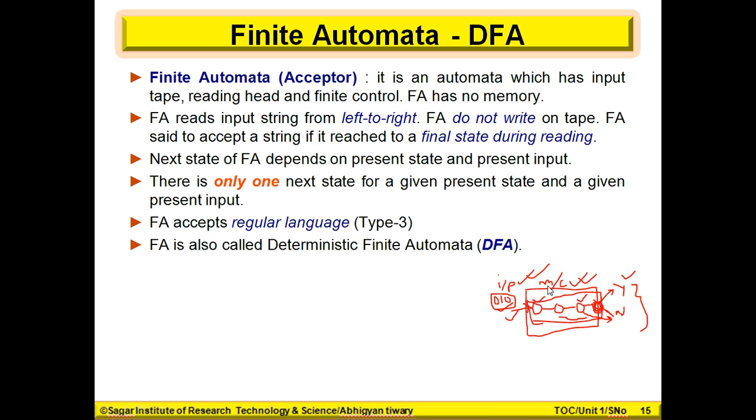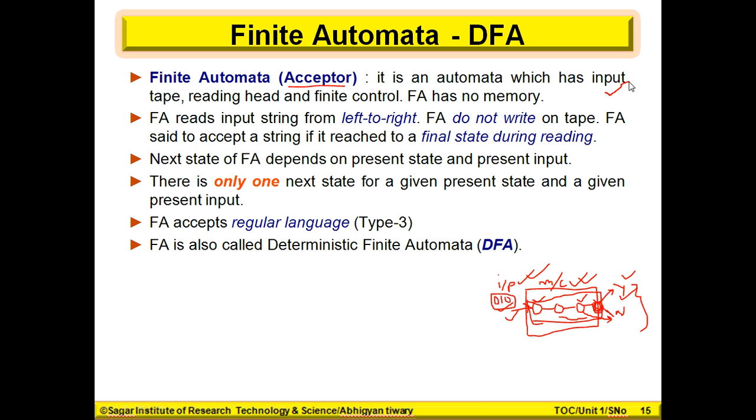So the number of states should be finite, and the automata is a machine which will work automatically. If the string is accepted by this machine, we get yes, and that's why this machine is known as an Acceptor.